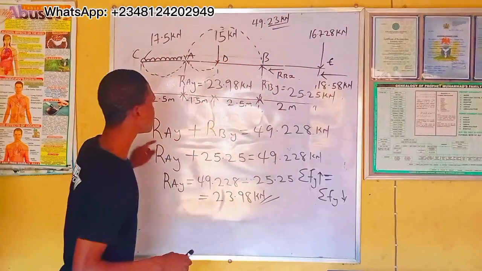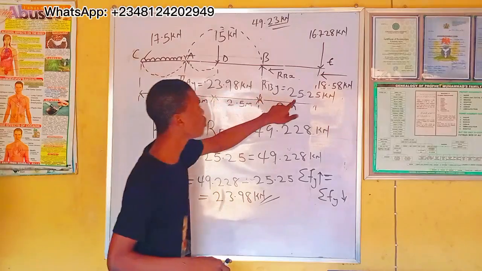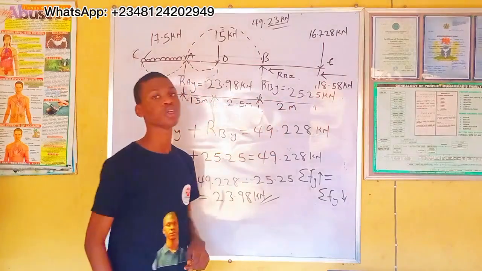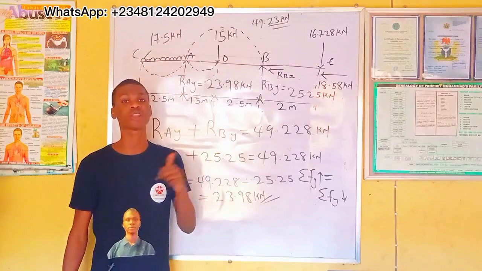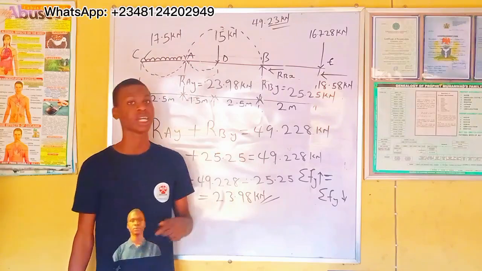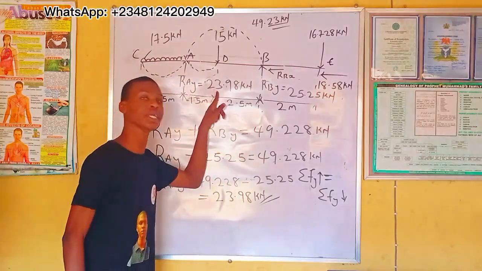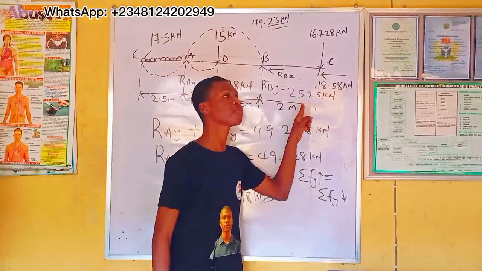Then of course, we've seen from equation 1 that RAY and RBY is equal to what? 49.228 kilonewton. So in conclusion, before this beam can be in a state of equilibrium, meaning a state of balance, the magnitude of RAY must be 23.98. Then the magnitude of RBY must be 25.25.